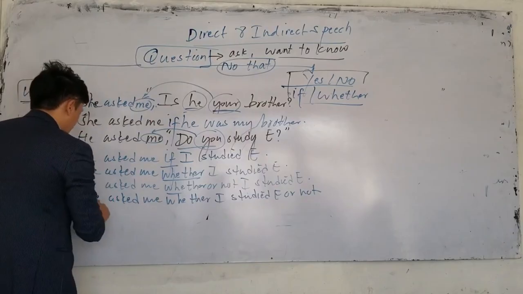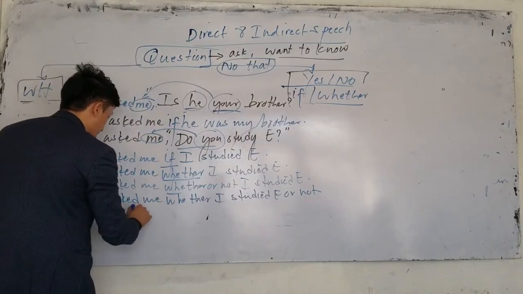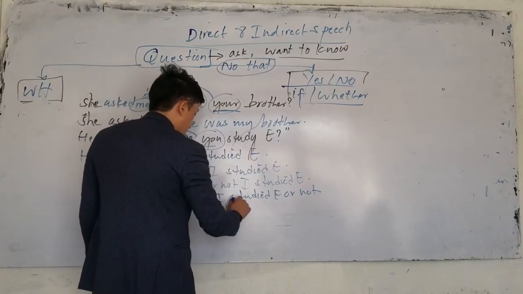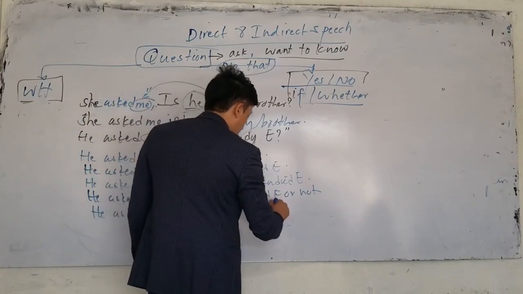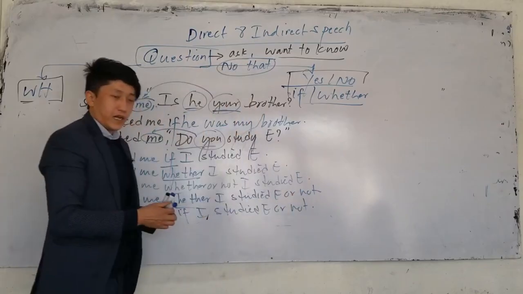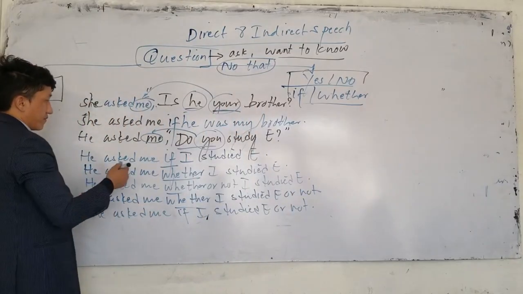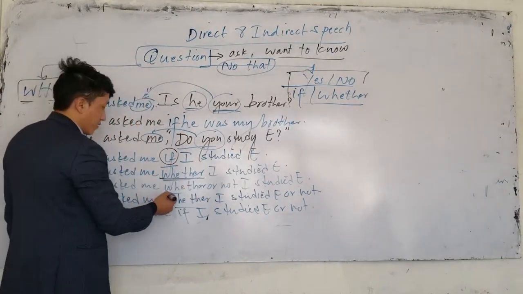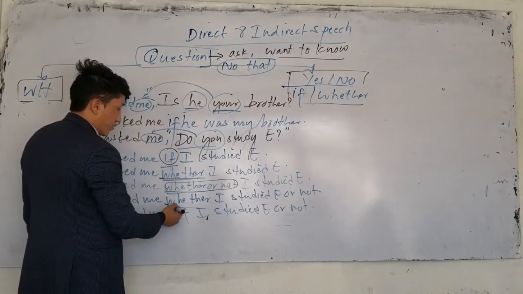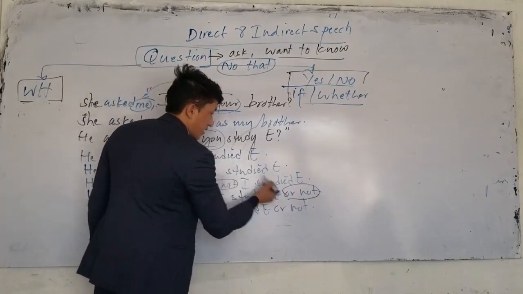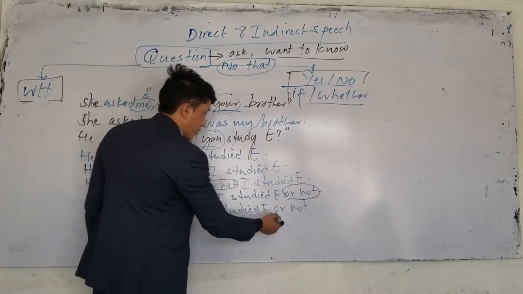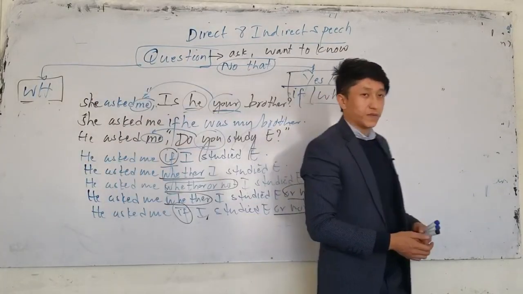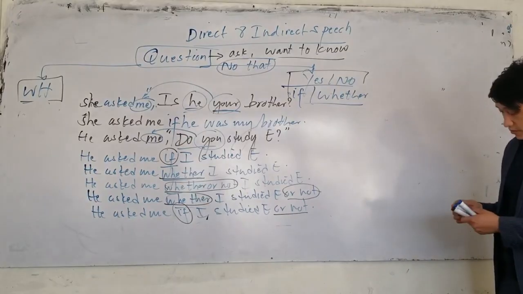Or another one, we can also say he asked me if I studied English or not. Now we have all of these possibilities. First one, you can only use if, or you can use whether. You can use whether or not together, or you use whether here or not at the end, and we can use if here or not at the end. All of them are right. You can use all of them in a sentence. So this is the way that we can use it.